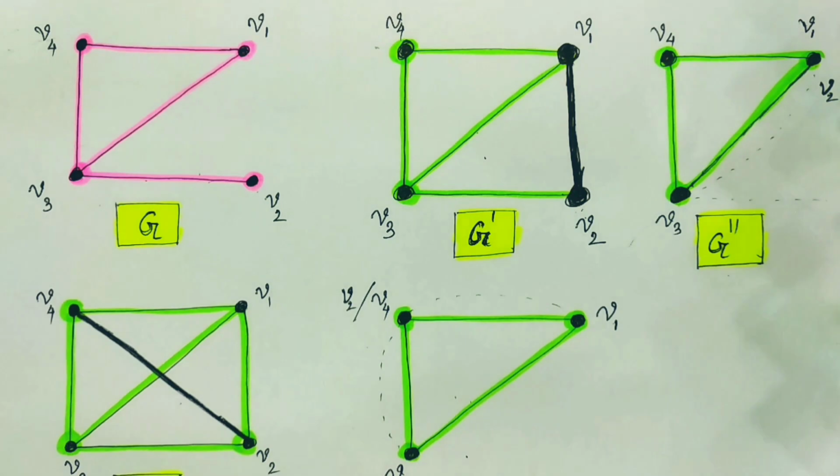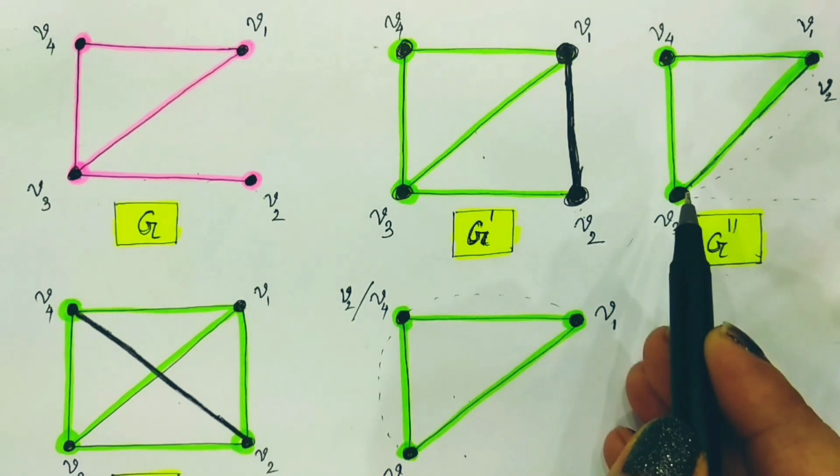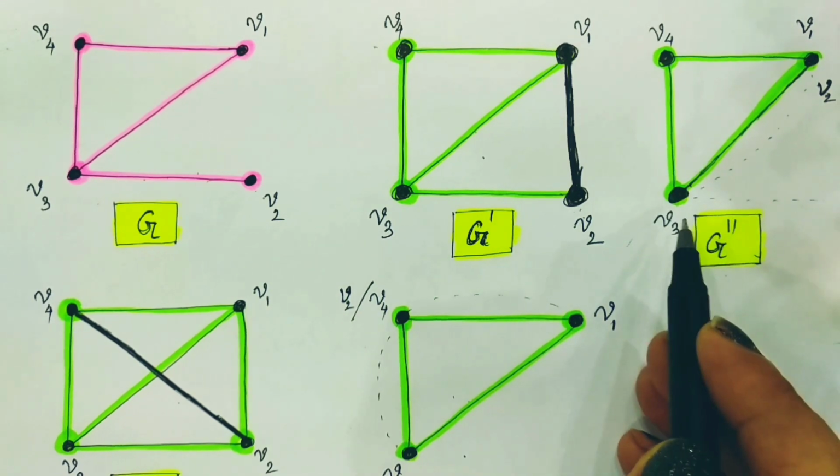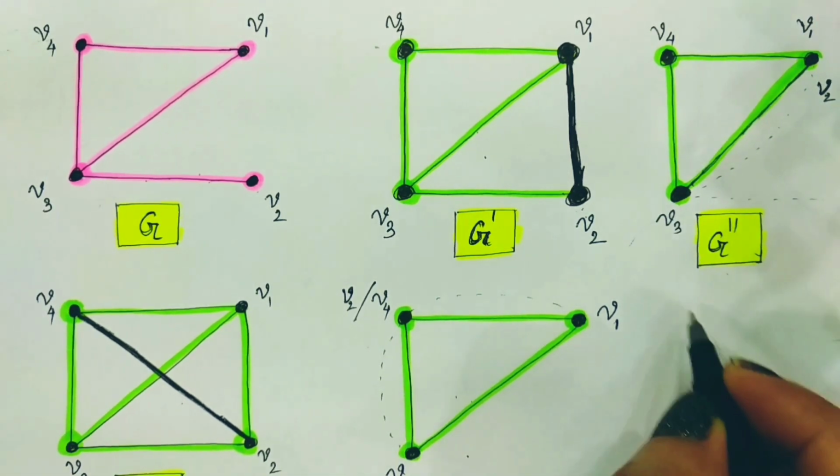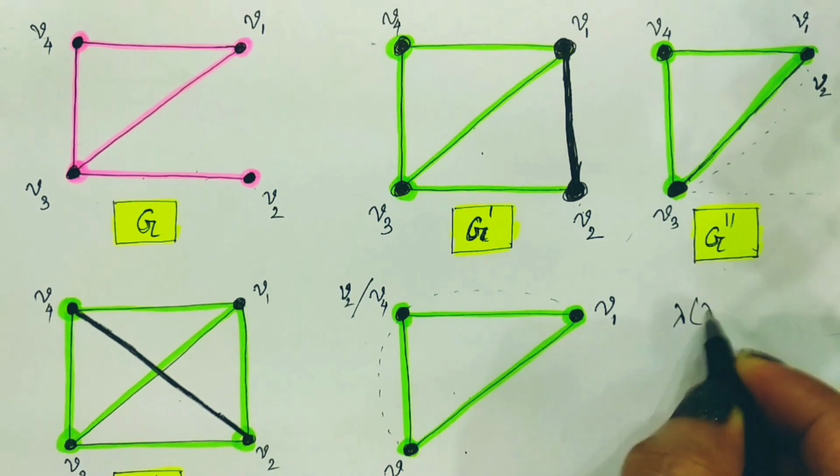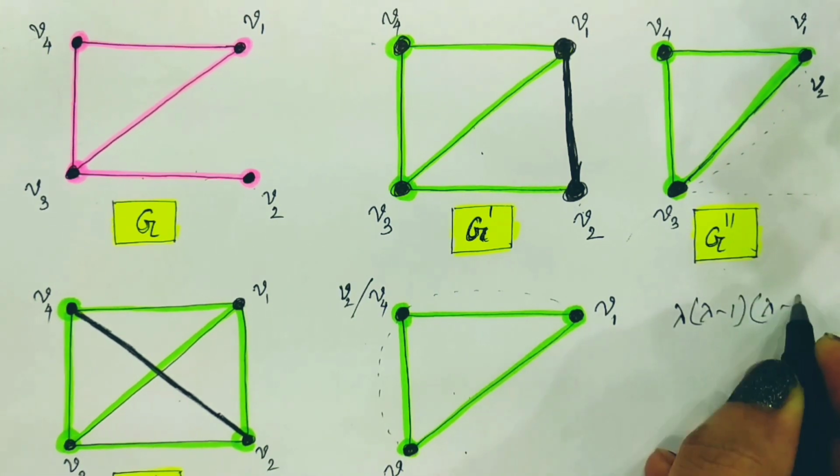Now why do we decompose it into complete graphs? That is because we know that the chromatic polynomial for a complete graph is very easy. If it is a graph with 3 vertices, then its chromatic polynomial is lambda into lambda minus 1 into lambda minus 2.